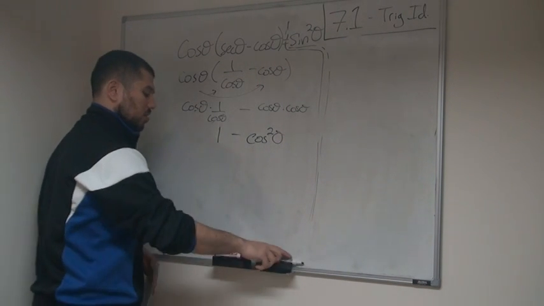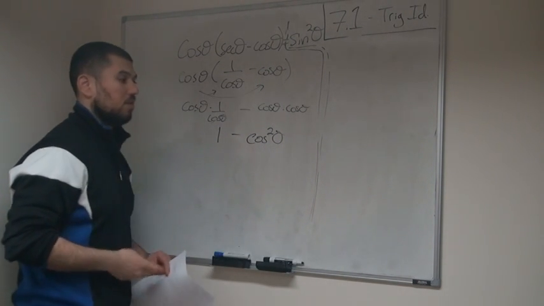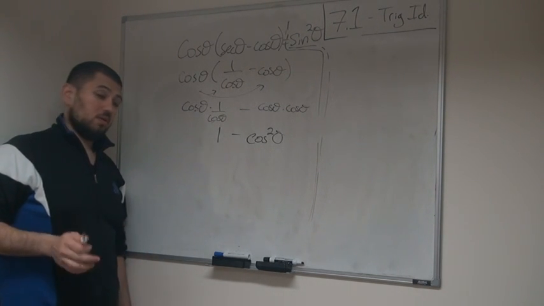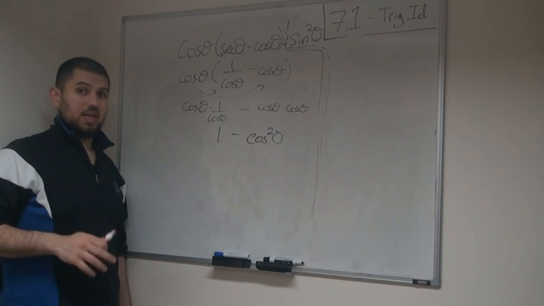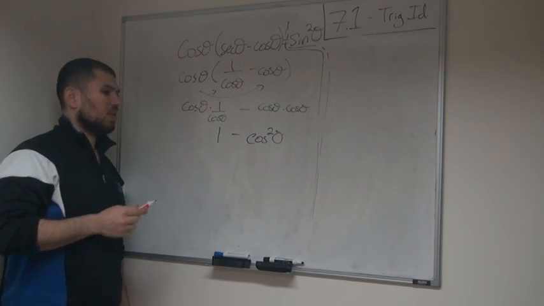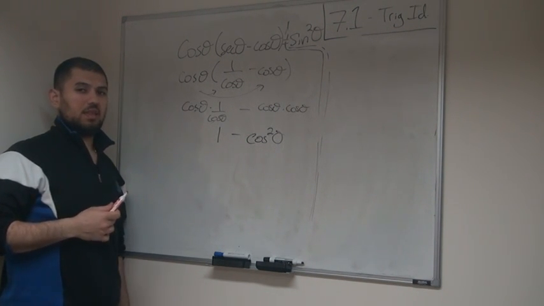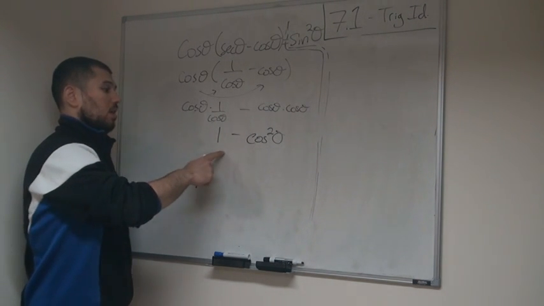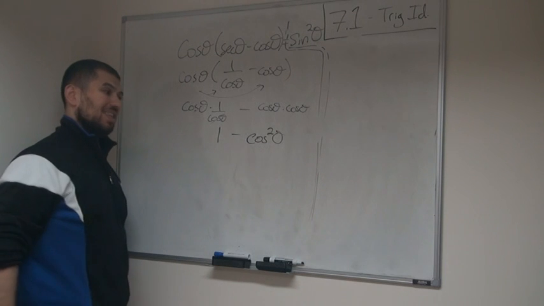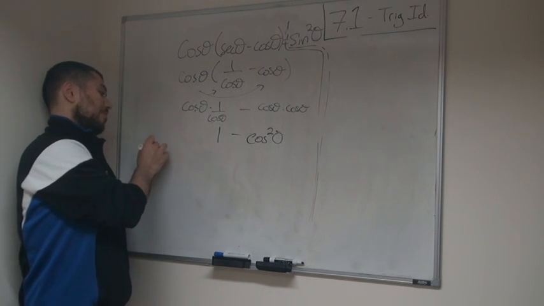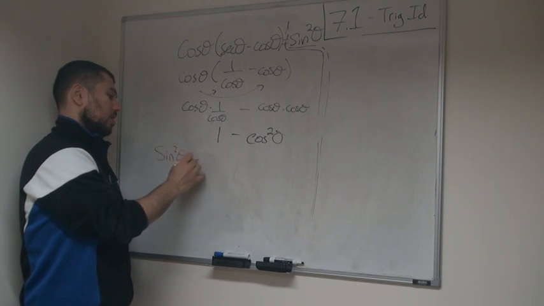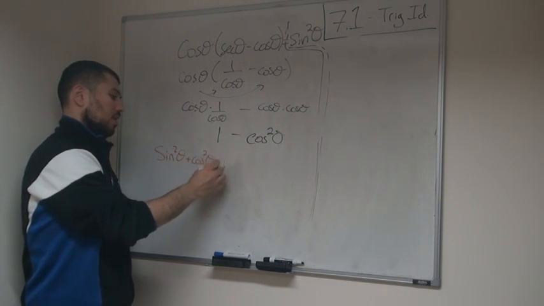And you start thinking to yourself, well, what the heck do I do here now? Whenever you see a sine squared or a cosine squared or secant squared, cosecant, cotan, tan squared, look back at your trig identities. Now again, you're not going to be getting open book exams necessarily, but when I have 1 minus cosine squared, I think back to my Pythagorean identity, sine squared theta plus cosine squared theta equals 1.